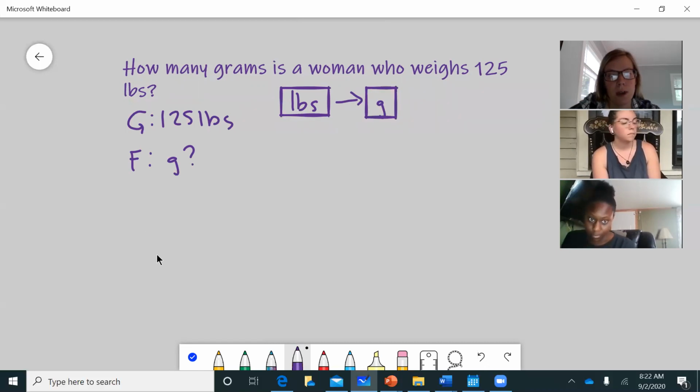There is a conversion factor. So 1 pound is 454 grams. So we can just go ahead and start with our given, 125 pounds.